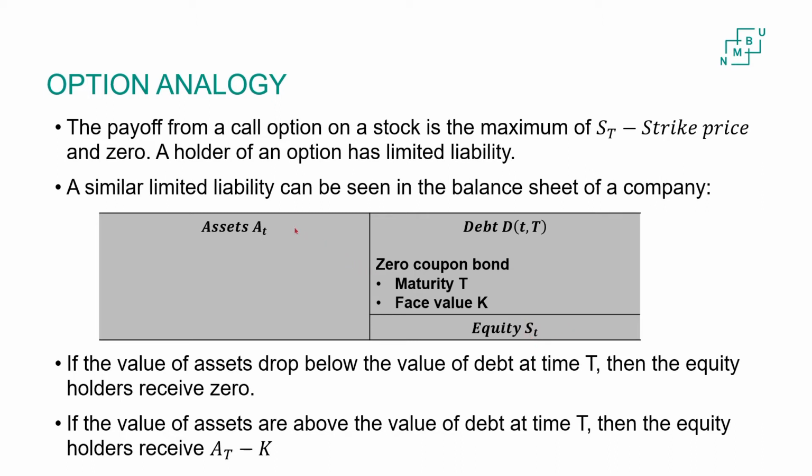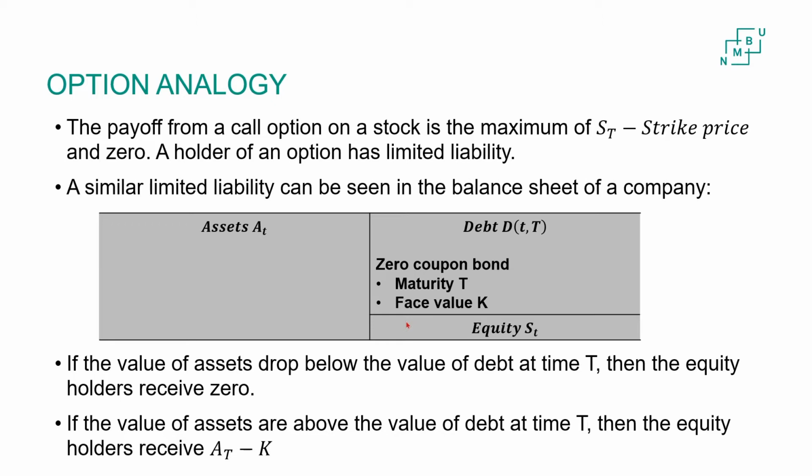And if the asset value is higher than the value of the debt in the future at time capital T, then the equity holders can use the assets to pay off the debt, and they are left with the asset value minus the debt.